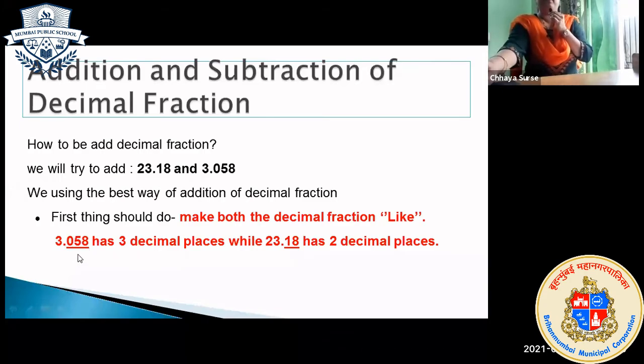The digits after the decimal point are called decimal places. And how many are here? 2. Understood? So we have to make equal, like places.